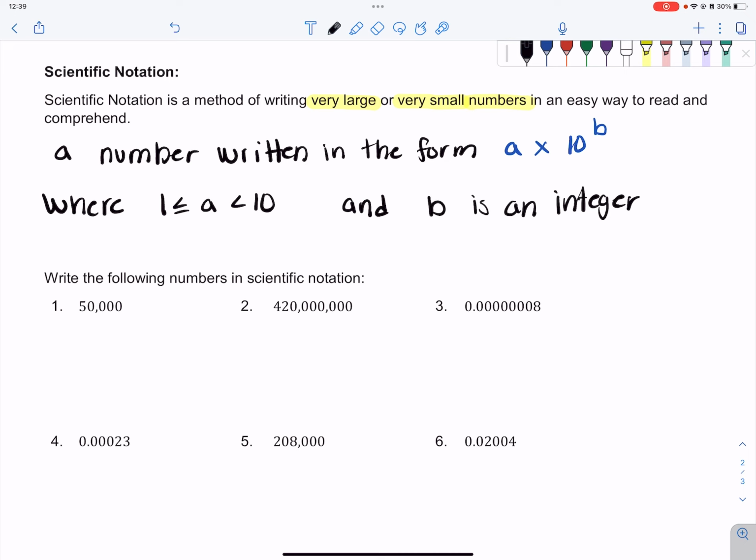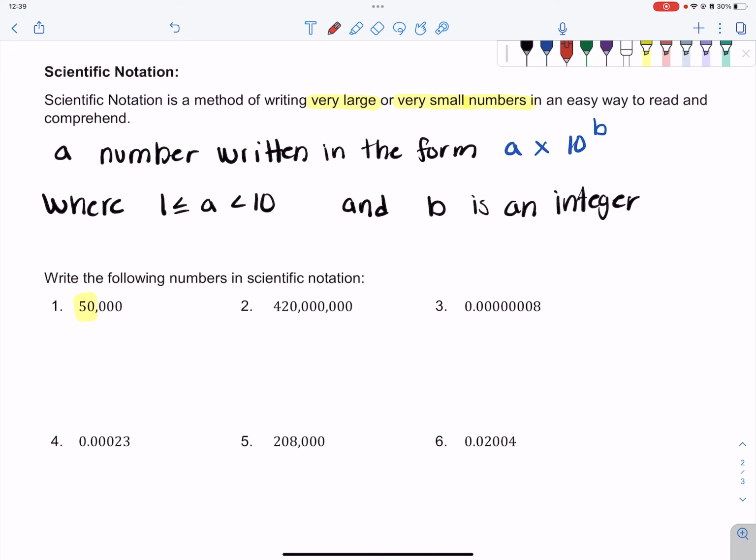So now we want to write the following numbers in scientific notation. To start off, we have 50,000. I like to explain this where we're going to take a look at the number 50,000, and where I want the decimal place to be is right after the first non-zero digit.